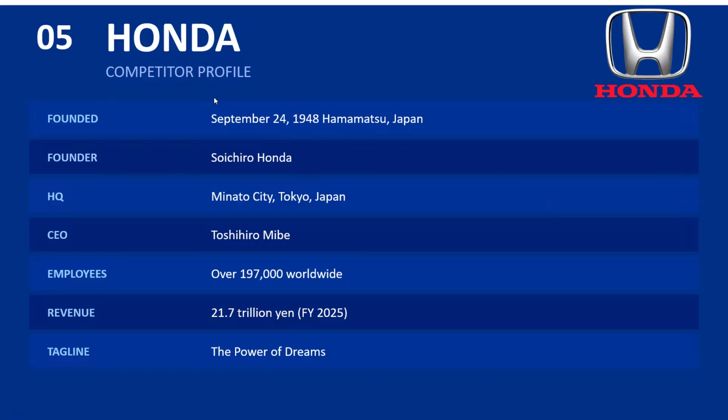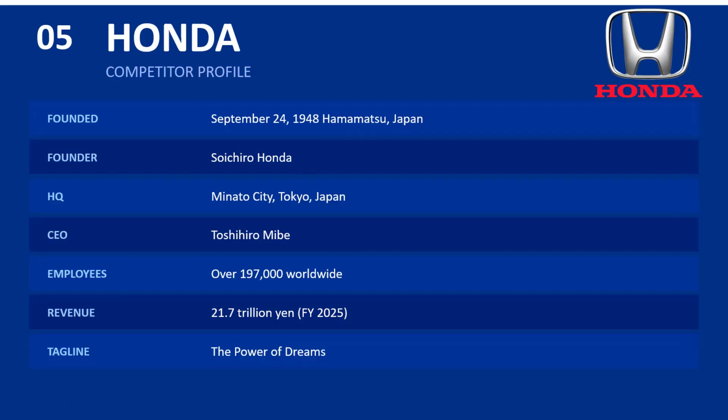It's essentially the same here. However, Honda does have some very standout notable statistics that I want to get into as soon as possible. First, let's meet our competitor. Honda Motor Company was founded on September 24th, 1948, just over a decade after Toyota, by the legendary engineer Soichiro Honda in Hamamatsu, Japan.